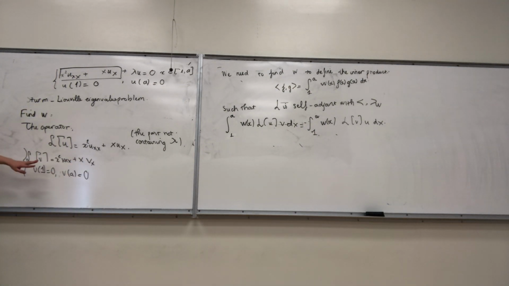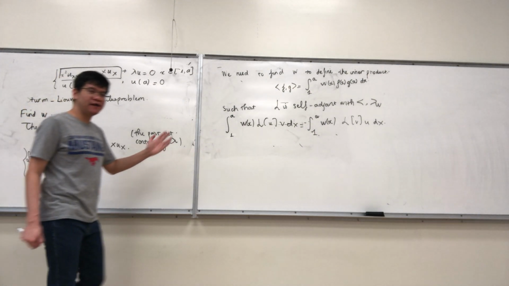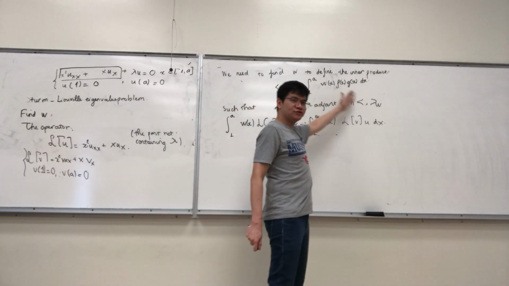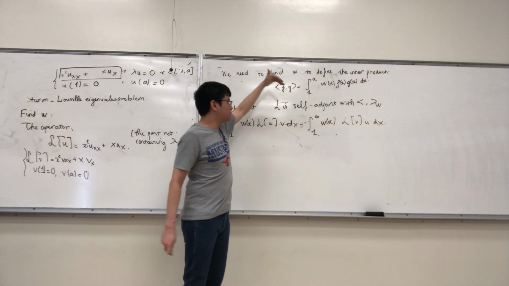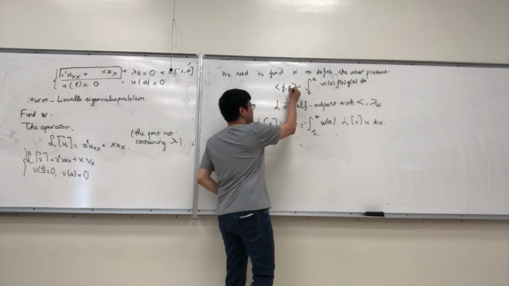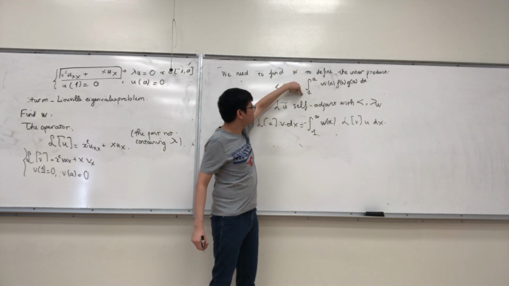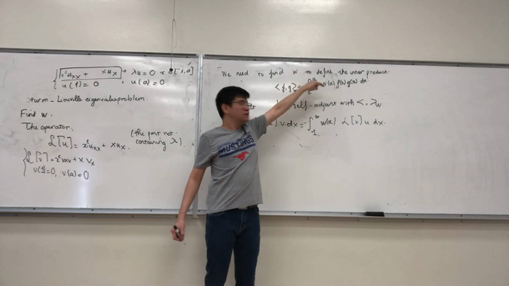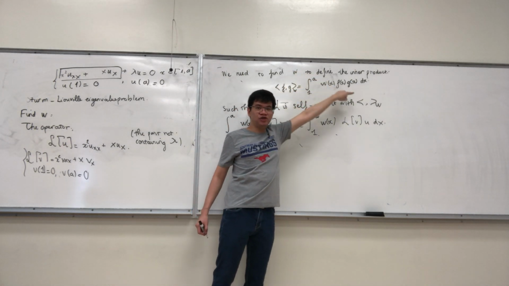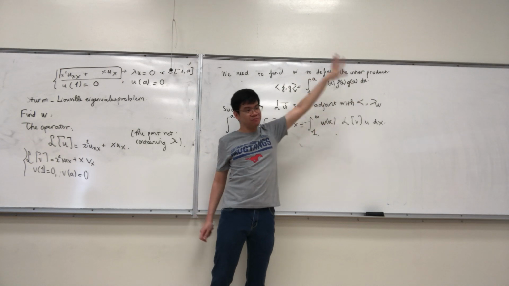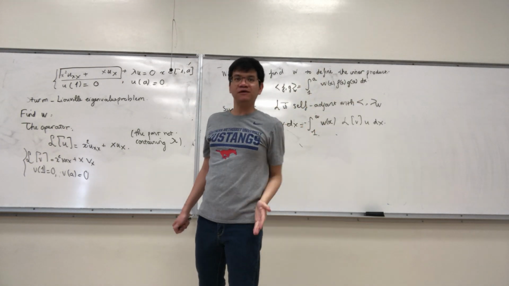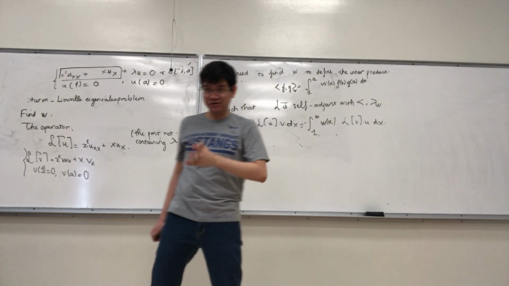Now, we want to find the weight w such that the weighted inner product (f, g) weighted by w, which is the integral from 1 to a of w(x) f(x) g(x) dx, makes the operator L self-adjoint.